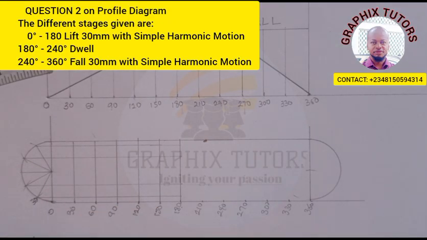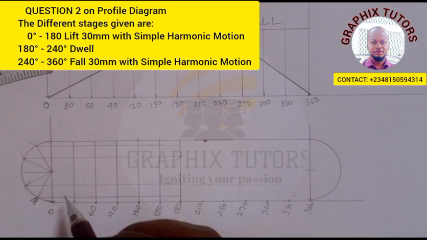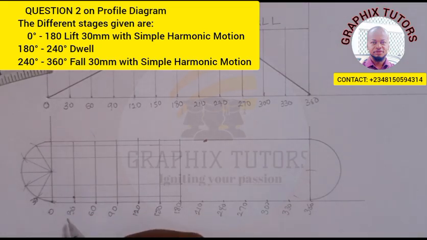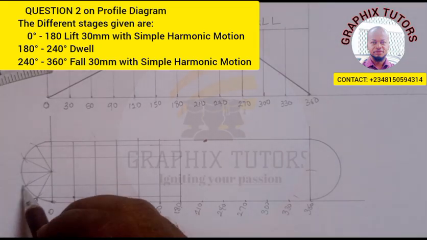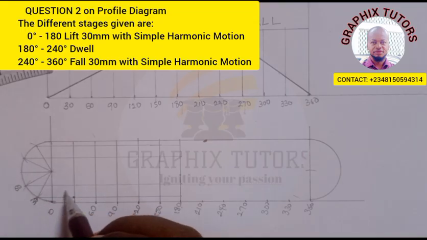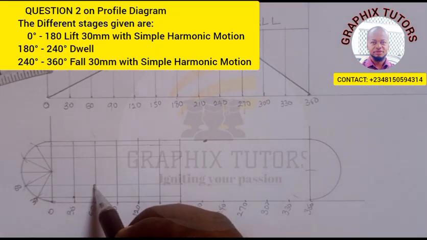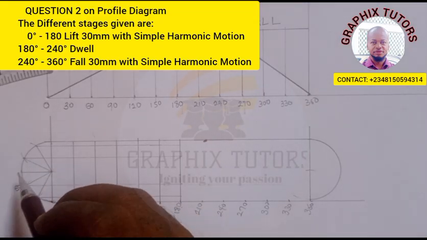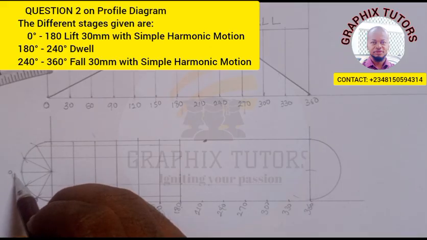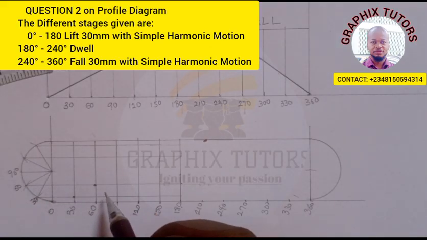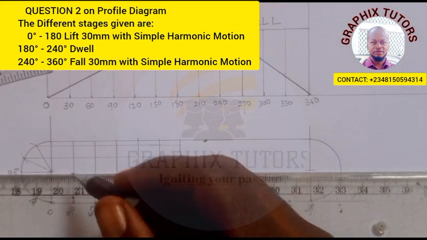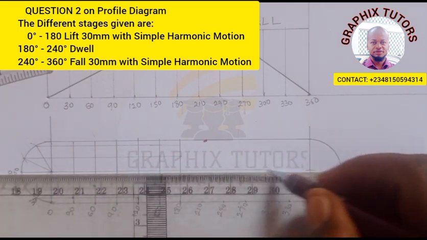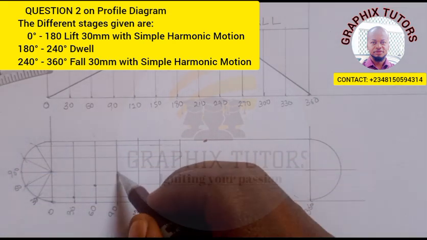30 degree. The 30 is going to meet 30 here. The next one is 60 degree. 60 degree will come here and meet 60. We have the next one, which is 90 degree. 90 degree is coming from here to meet 90.